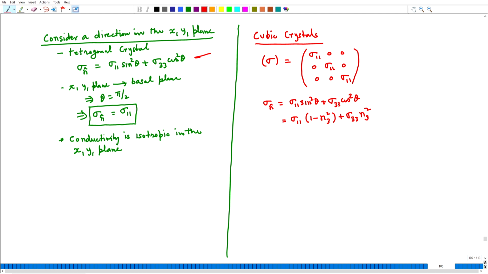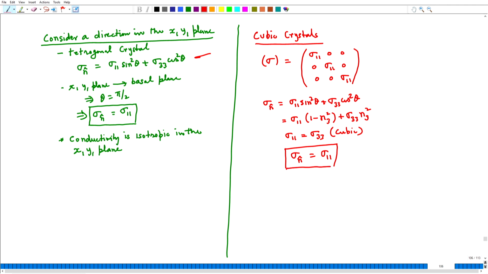plus sigma 3 3 n 3 square. Now, here sigma 1 1 equals sigma 3 3, because this is a cubic crystal. So, clearly sigma simply becomes sigma 1 1.